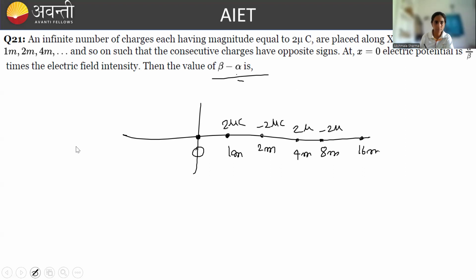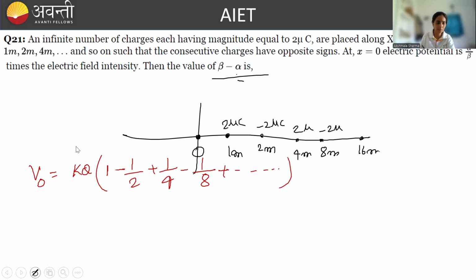So let me write the potential at O. Taking Kq outside, for the first it will be 1, then for the second, negative potential, half, then again plus, then again half. Kq by r is the potential formula, right? So like that we will do up to infinity. So this is your potential.